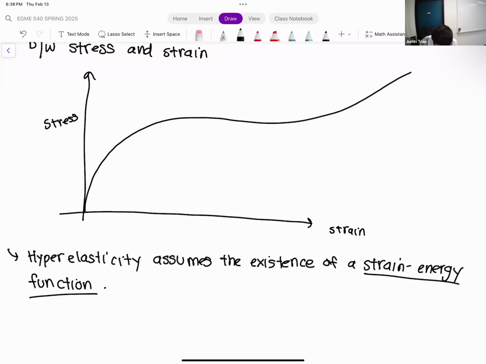Now, we could talk about hyperelasticity for two, three, or four lectures, because it goes very deep, and that's why I encourage you to look into it as well. But just in a nutshell, the strain energy function assumes that every material has a certain amount of potential energy naturally stored within the material.